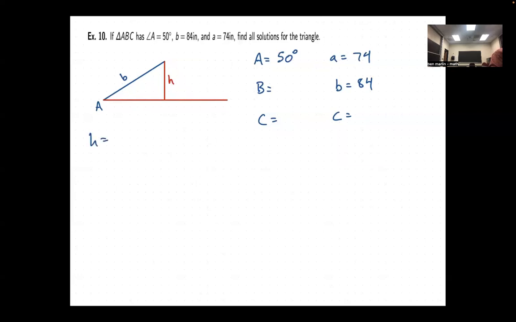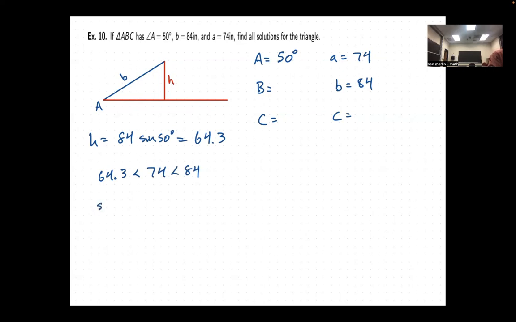So the H is going to be 84 sine 50, and that is 64 point whatever. And so your 64 point whatever is going to be less than your 74, which is less than your 84. That tells us that we've got the two cases.